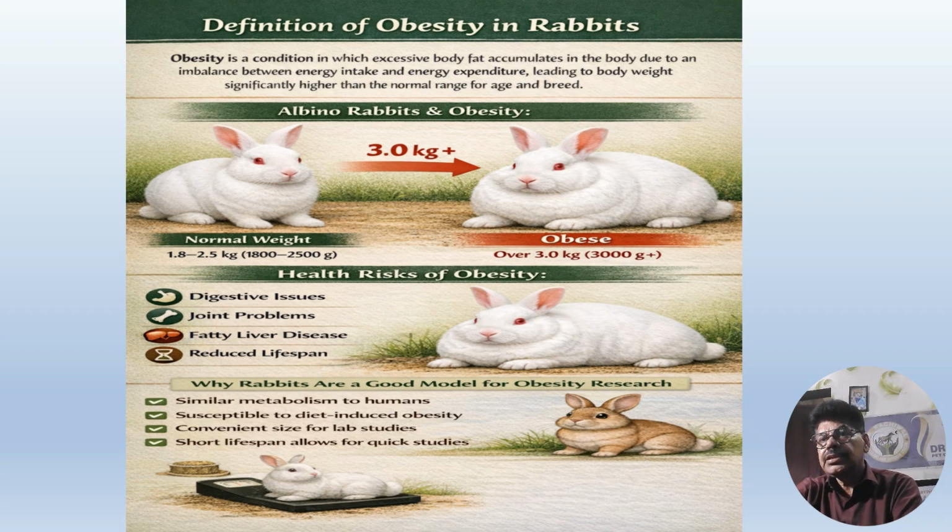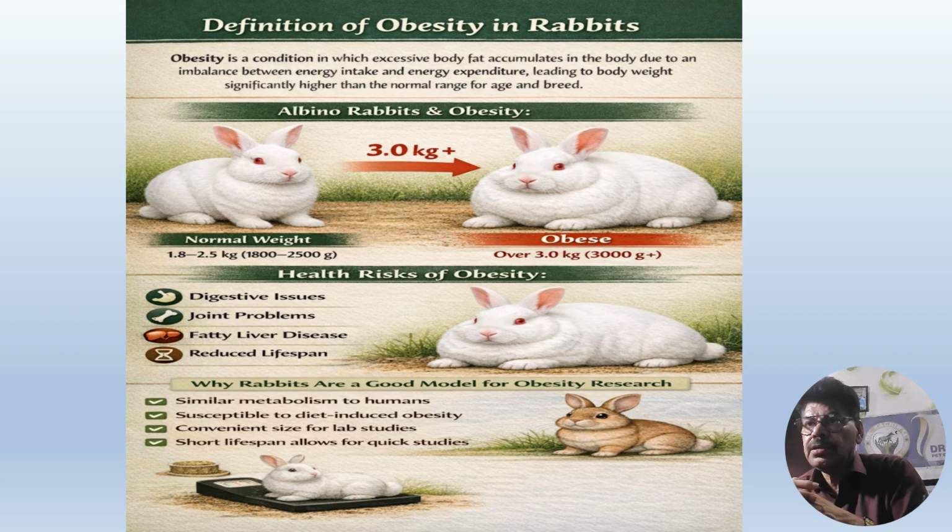Obesity is a condition in which excessive body fat accumulates in the body due to an imbalance between energy intake and energy expenditure, leading to a body weight significantly higher than the normal range for age and breed. So breed and age change the accumulation of fat.